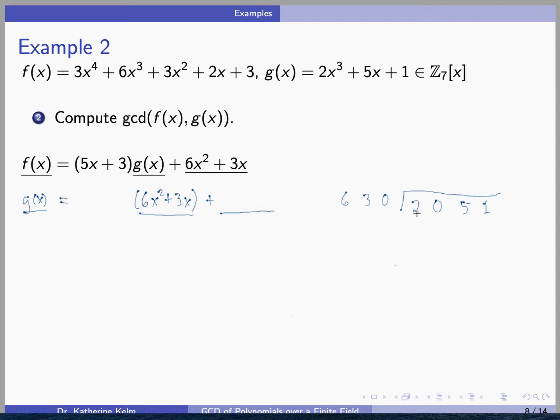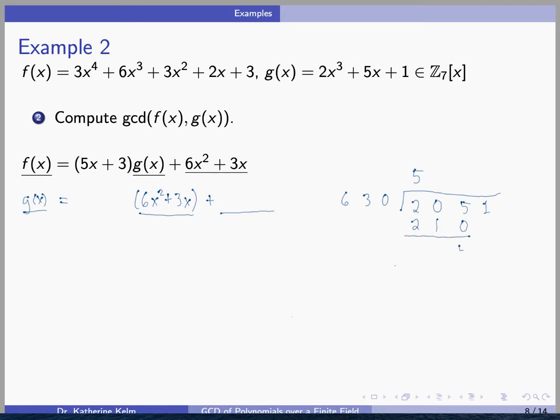What times 6 is equal to 2? Well, 30 is congruent to 2 mod 7, and 30 is 6 times 5. So 5 times 6 is 30, which is 2. 5 times 3 is 15, which is 1. 5 times 0 is 0.